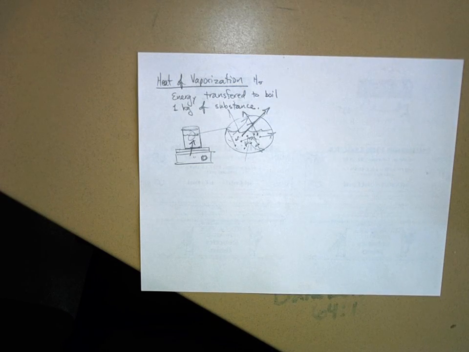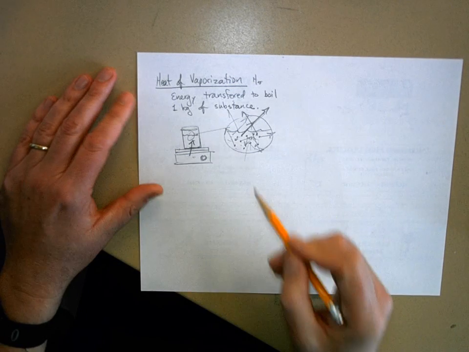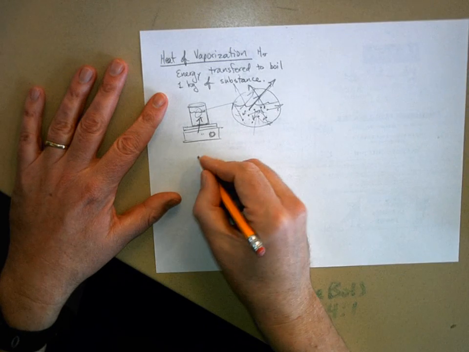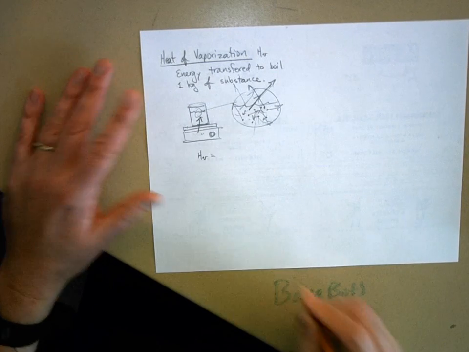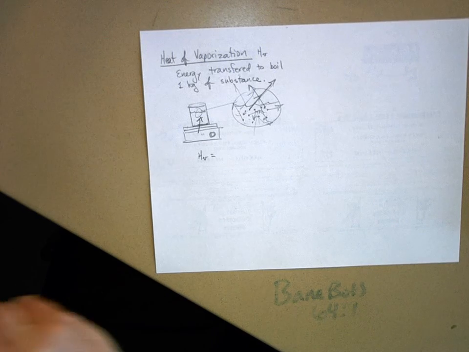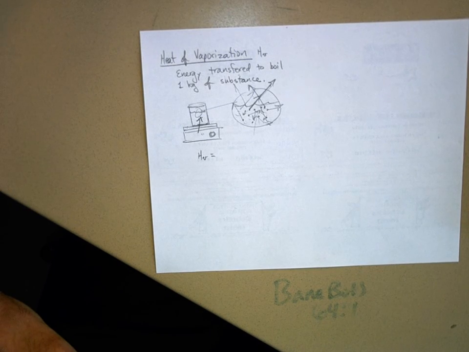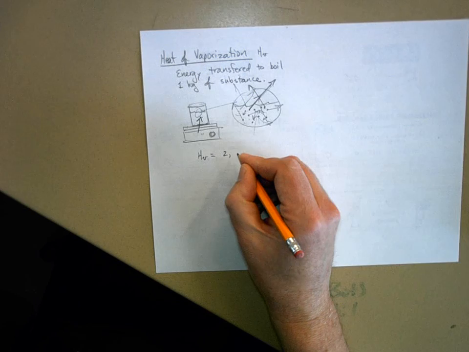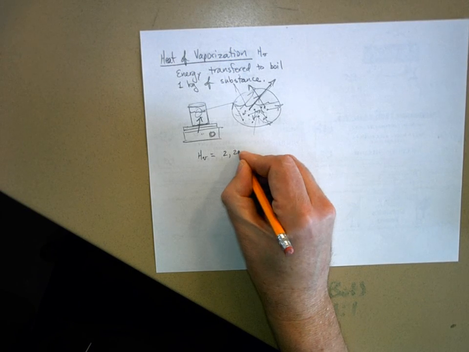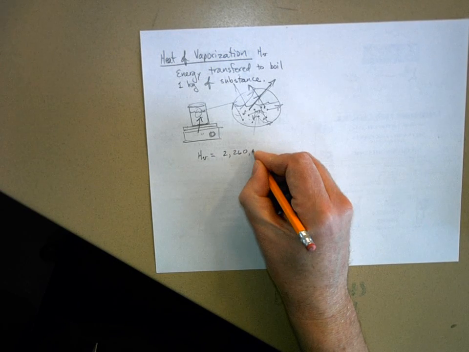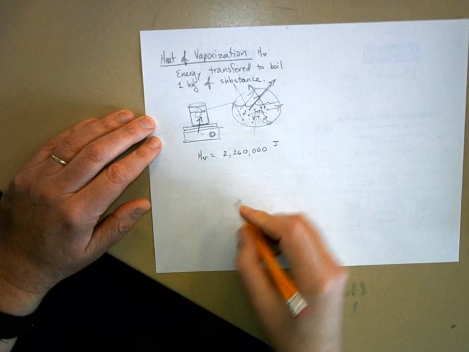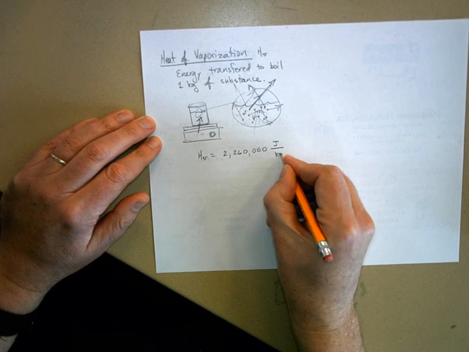Now, how much energy does it take to do this to 1 kilogram of water? Well, the heat of vaporization of water turns out to be really a lot. 2,260,000 joules of energy to boil away 1 kilogram of water.